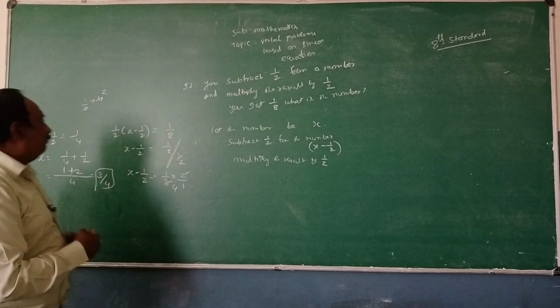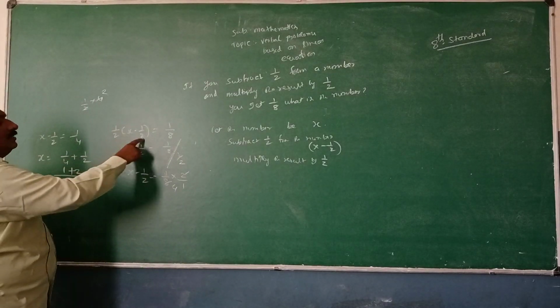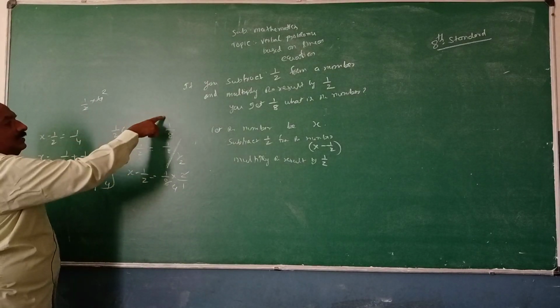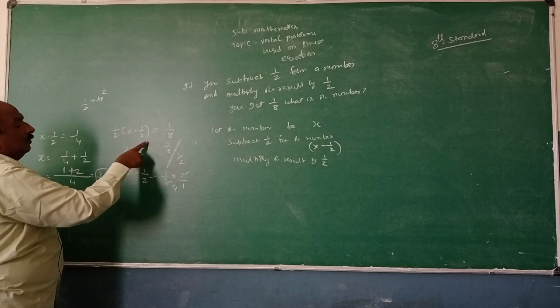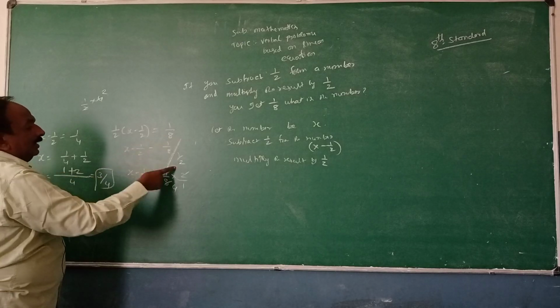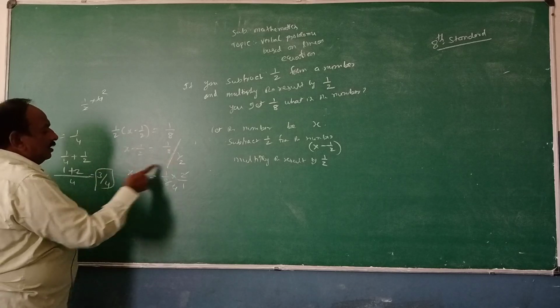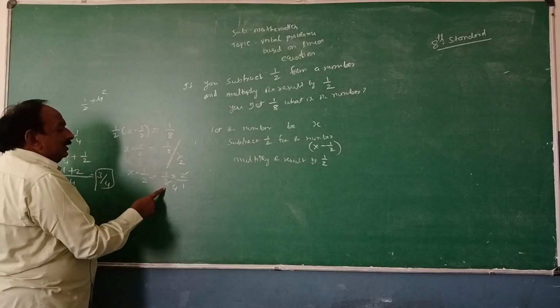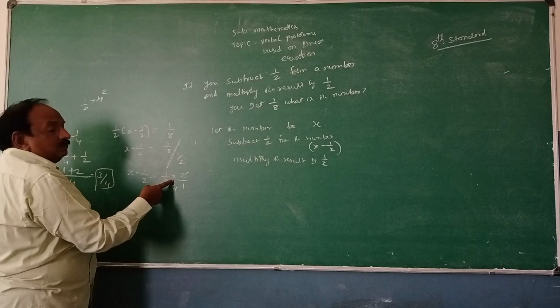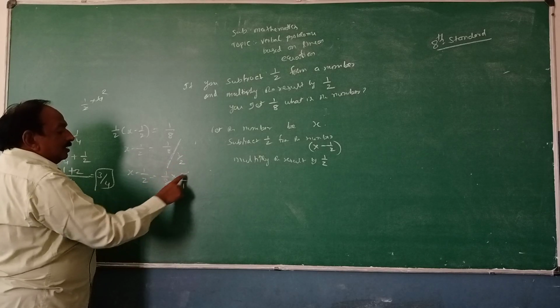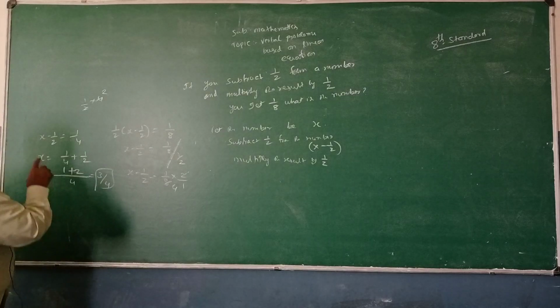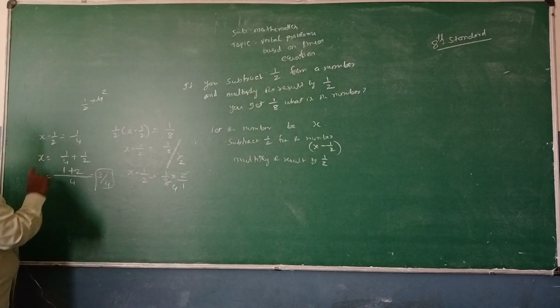Multiply the result by 1 by 2, 1 by 2 into x minus 1 by 2 is equal to 1 by 8. X minus 1 by 2 is equal to 1 by 8 divided by 1 by 2. The numerator goes to the denominator and the denominator goes to the numerator, 2 by 1. 2 1s are 2, 4s are 8, so x minus 1 by 2 is equal to 1 by 4.